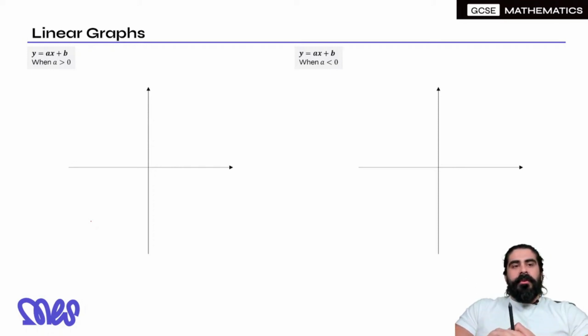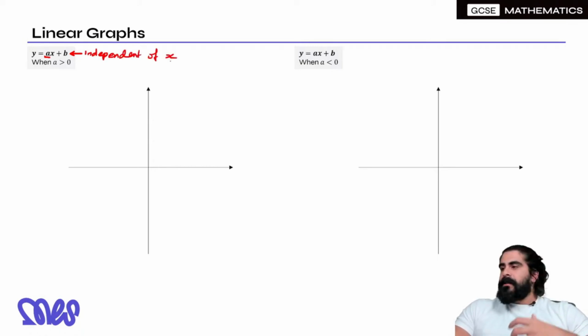So the number in front of x always represents the gradient of the line. Remember, gradient means steepness. Now, the number at the end, always remember this, the number that's independent of x, meaning it doesn't have any x next to it, is always the y-intercept.